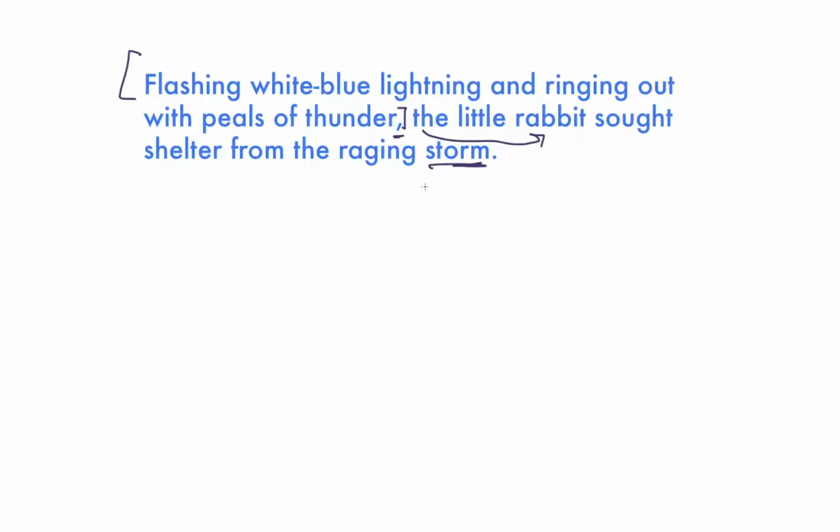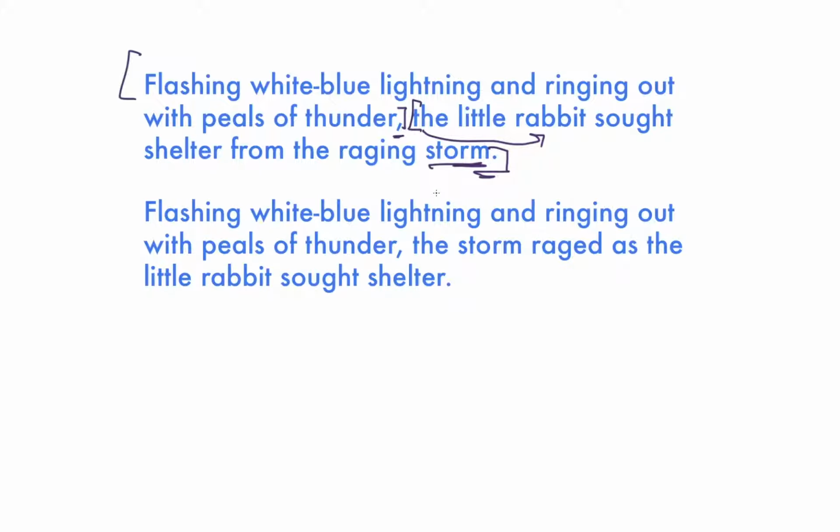But in order for the sentence to function logically, we need to rearrange this independent clause here so that we're no longer talking about some sort of impossible thunder bunny, as much fun as that sounds. We need to make sure that the modifier is next to the thing it describes. So a logical way to render this sentence is, flashing white blue lightning and ringing out with peals of thunder, the storm raged as the little rabbit sought shelter.